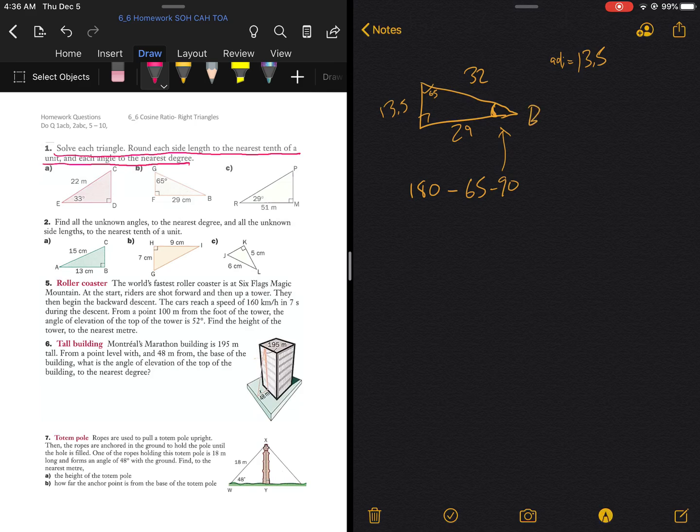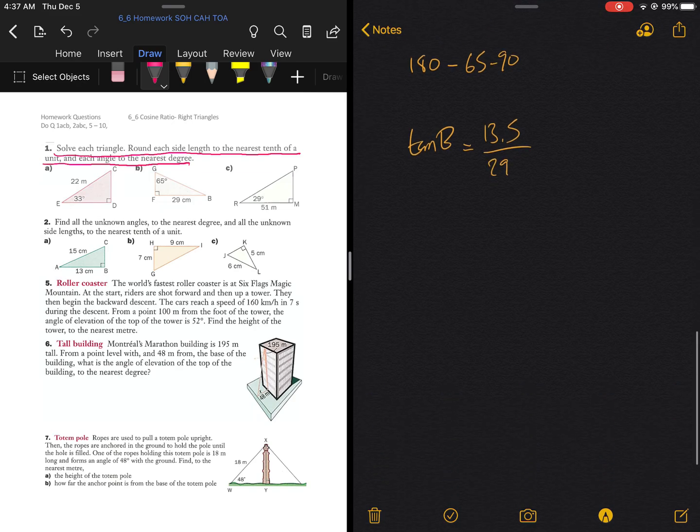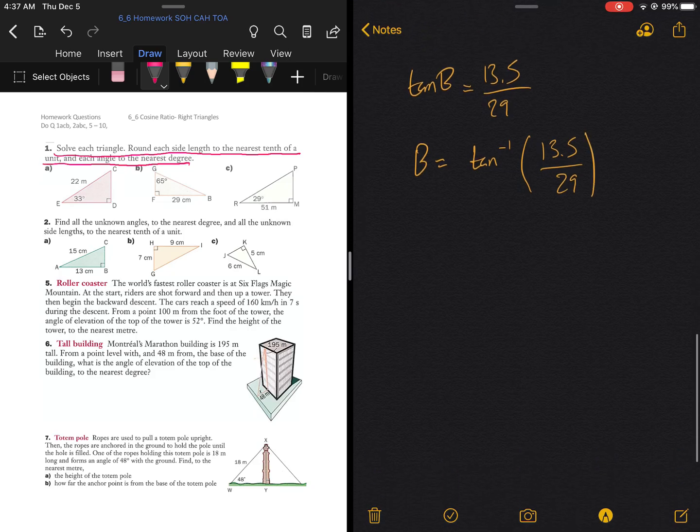That's angle B. So I could say something like tan of B, and I could use any of them, equals opposite, 13.5, over adjacent, 29. Okay, so B is equal to inverse tan of 13.5 over 29.